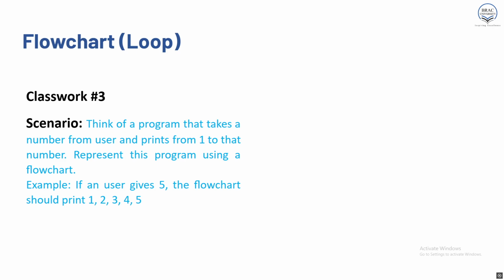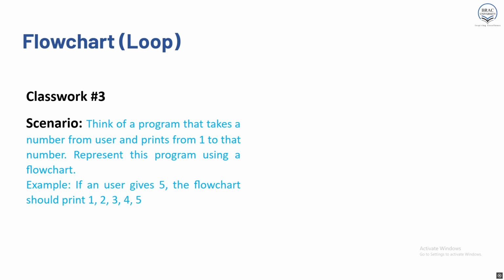First, we need to take the input from the user, and we already know how to do that. Next, we should start the loop with 1, as the number sequence starts from 1. Next, in the condition, we should check if the initialized variable's value is less than or equals to the number provided by the user or not.